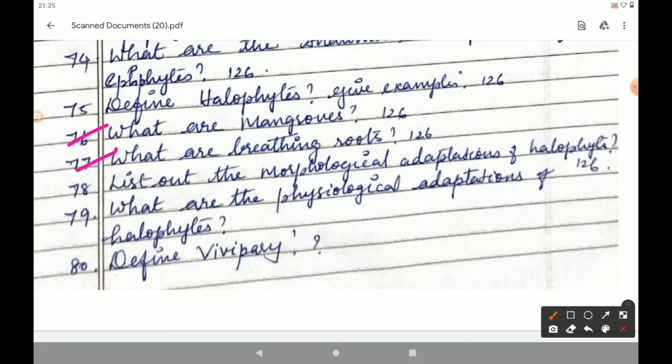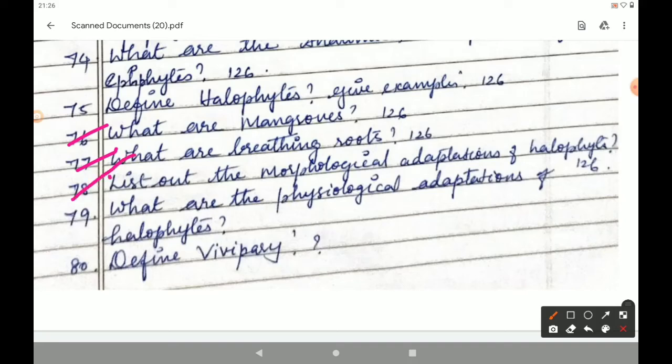They are called breathing roots. Example, Avicennia.